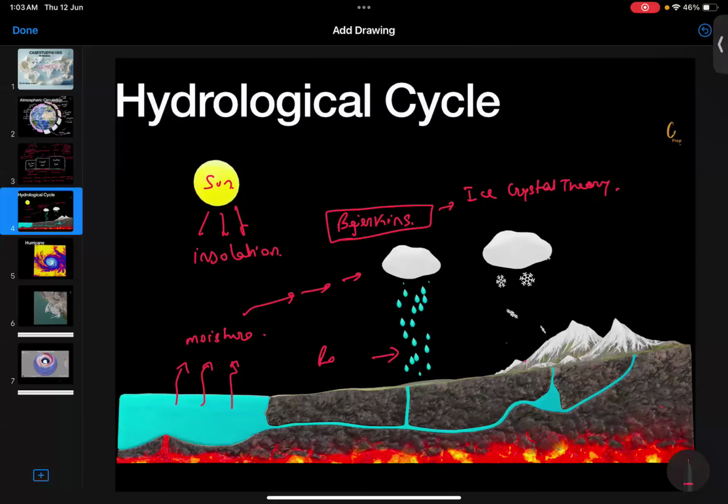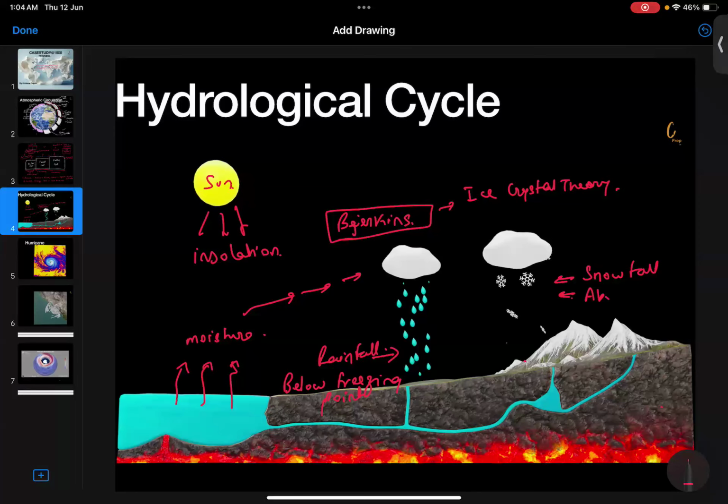So here we have rainfall. Why is rainfall taking place here? Because the condensation which is taking place here is taking place below freezing point. While in this part, we are seeing that we have snowfall, and this snowfall is taking place because here the clouds are moving beyond the freezing point.